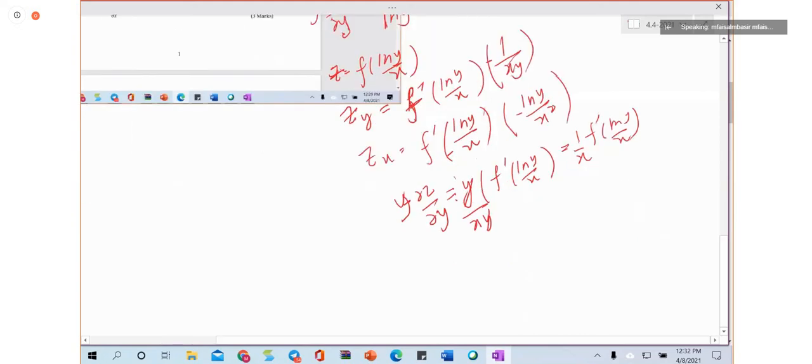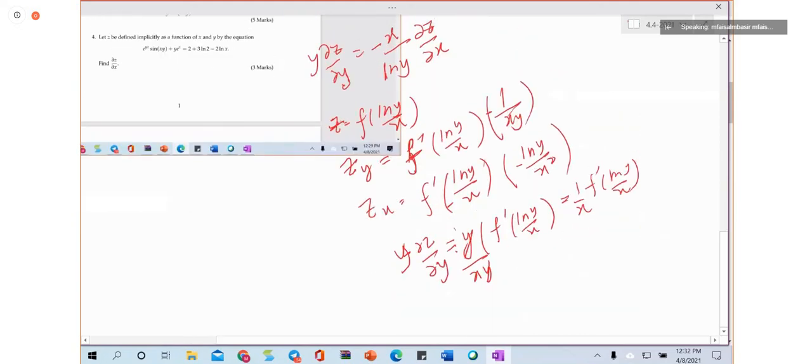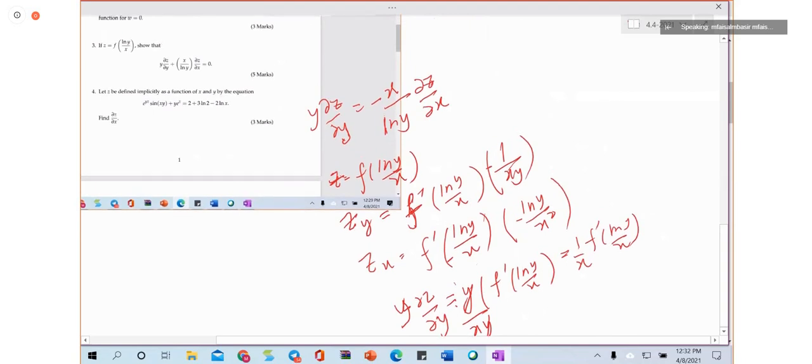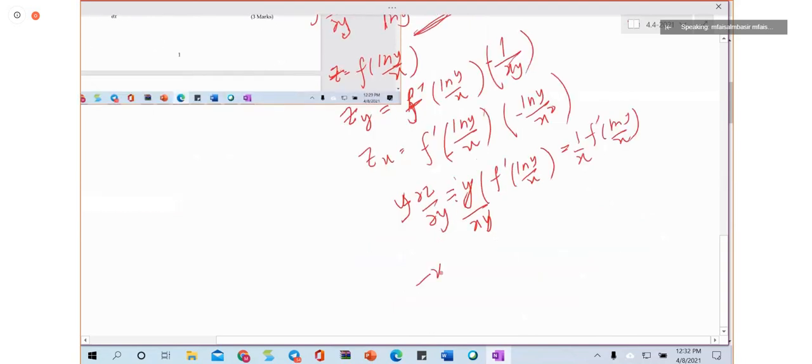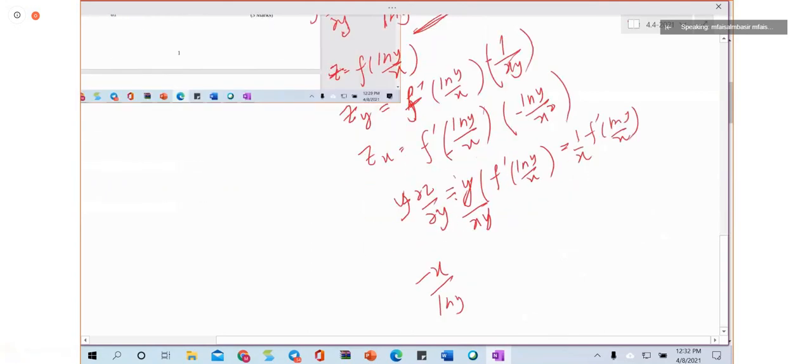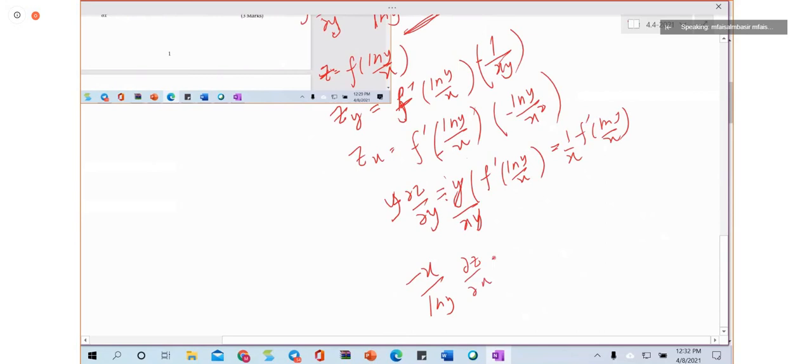Then try to solve the other side also: negative x over ln y del z over del x. This is just a constant. Del z del x will be f prime of ln y over x times negative ln y over x squared.